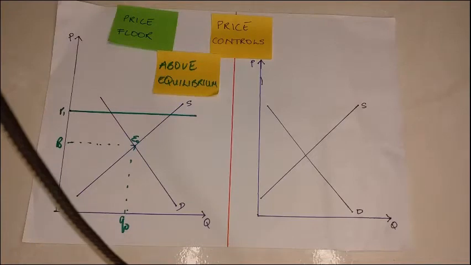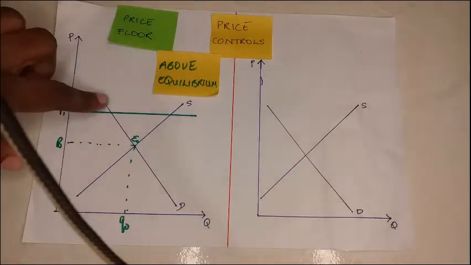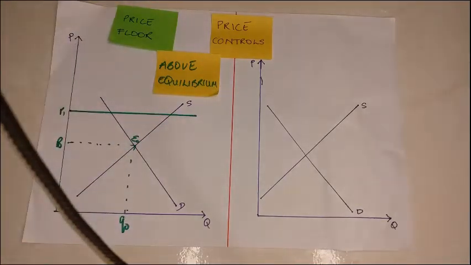So what is a price floor? A price floor is basically the minimum price that would be charged for a particular good or service. And let's see what happens when we have a price floor. When you have a price floor, let's see what happens with quantity demanded and quantity supplied.